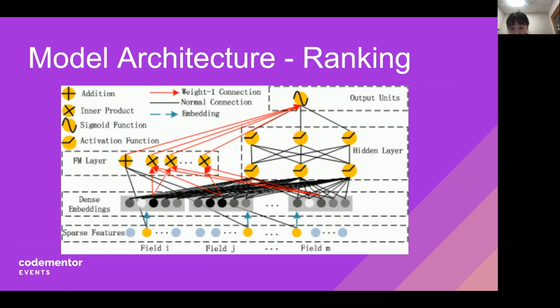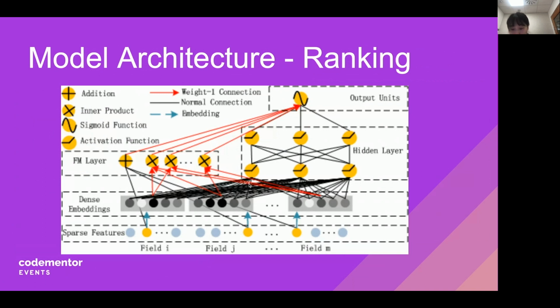For the commonly used models in the ranking stage, one of them is DeepFM, a factorization machine-based neural network that balances both memorization, which is through the FM layer here, and generalization, which is through the multi-layer neural network. The FM layer just takes in raw features that could enforce the model to memorize a certain pattern in the training data.